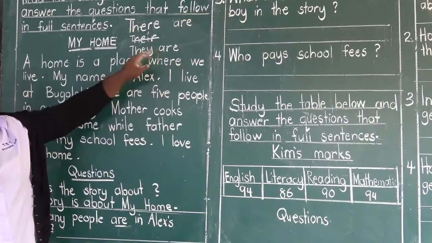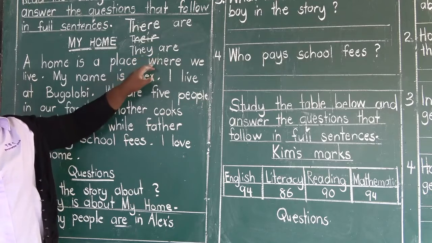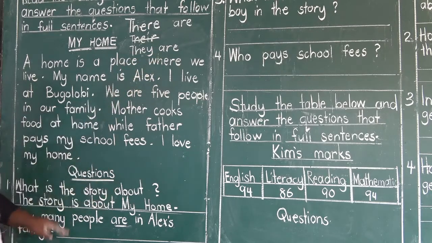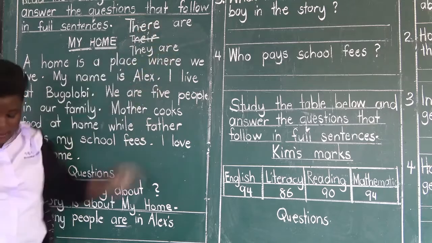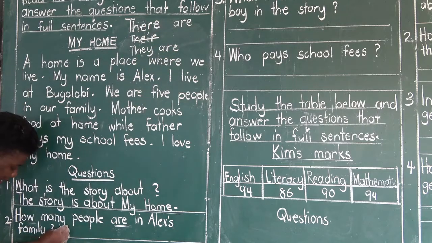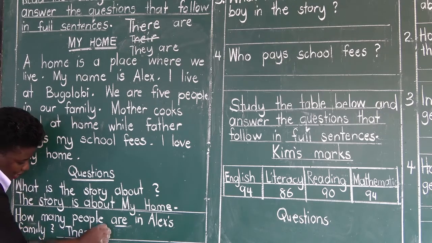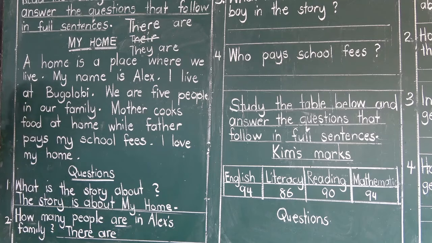They are playing. So in such sentences we use this. But when they ask how many, we go with this. There are. So we are going to say there. Remember to begin with a capital letter. There are. Oh, I don't know how many they are.